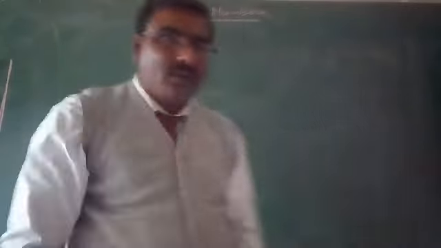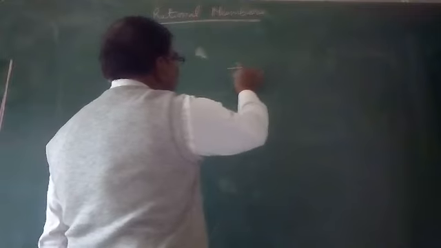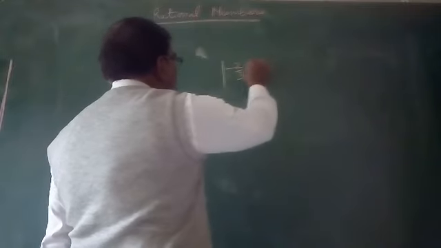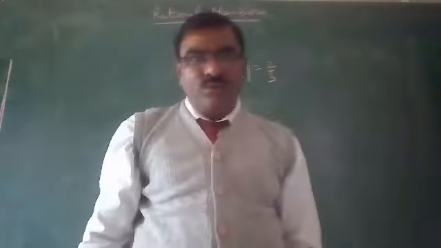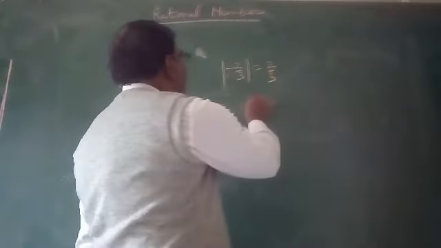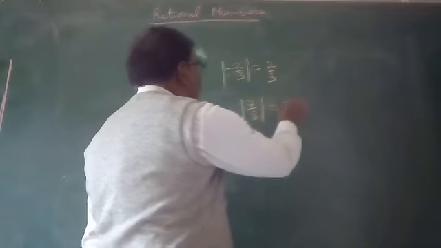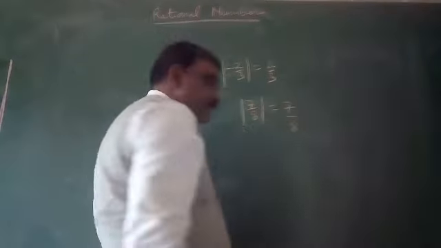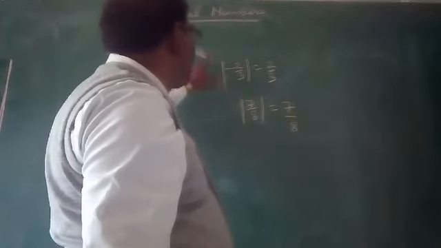For example, the absolute value of -2 by 3 equals 2 by 3. Also, the absolute value of 7 by 8 equals 7 by 8. This is the sign of absolute value.